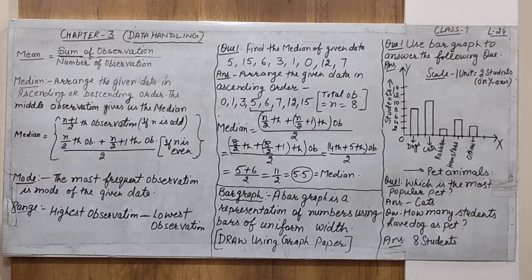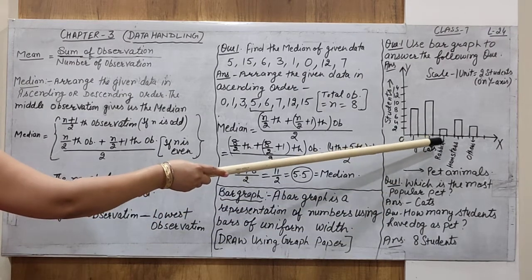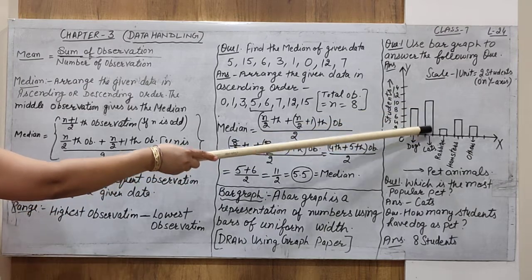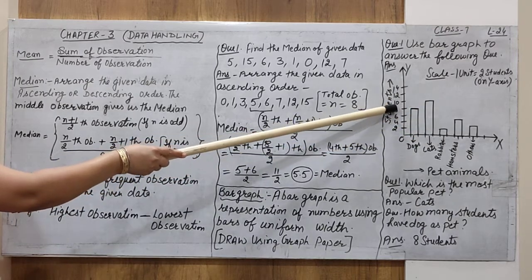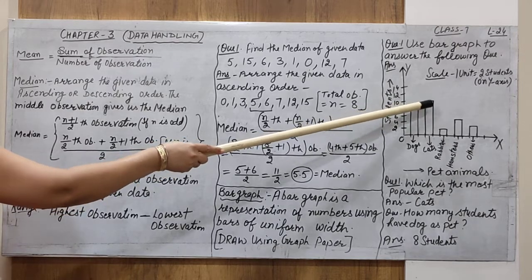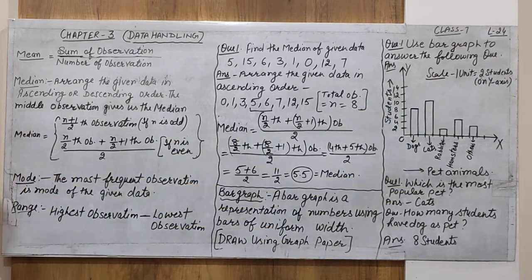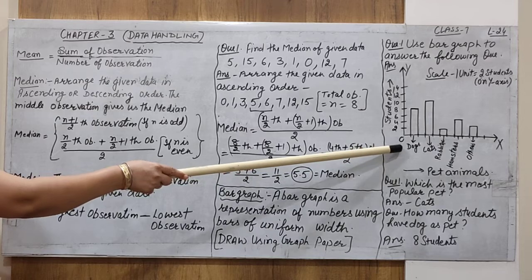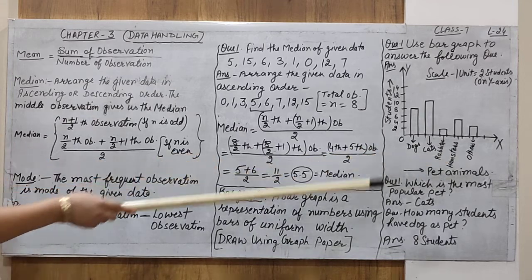Next after dogs are the cats. Up to which number? You can see the length of the bar. It is 10. You have to match from this side. 10 students keep cats as pet animals. Next are the rabbits. Now you can also see on the x-axis how I have written the names of the pets.